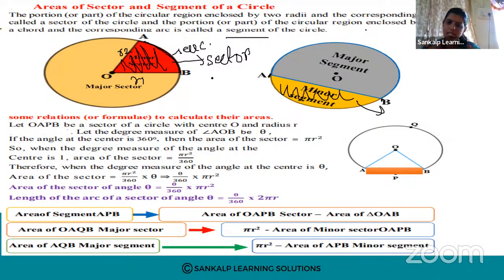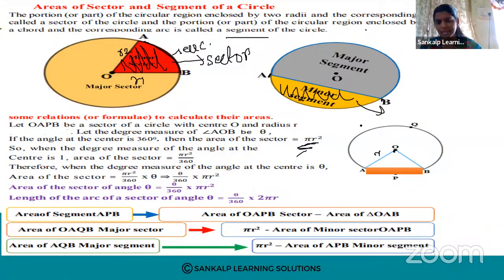So some relations to calculate their areas. Let OAPB be a sector of a circle with center O and radius R. See, this is the circle, and this is the sector with center O and radius R. The angle at the center is 360 degrees for the full circle, and then the area is pi r square.